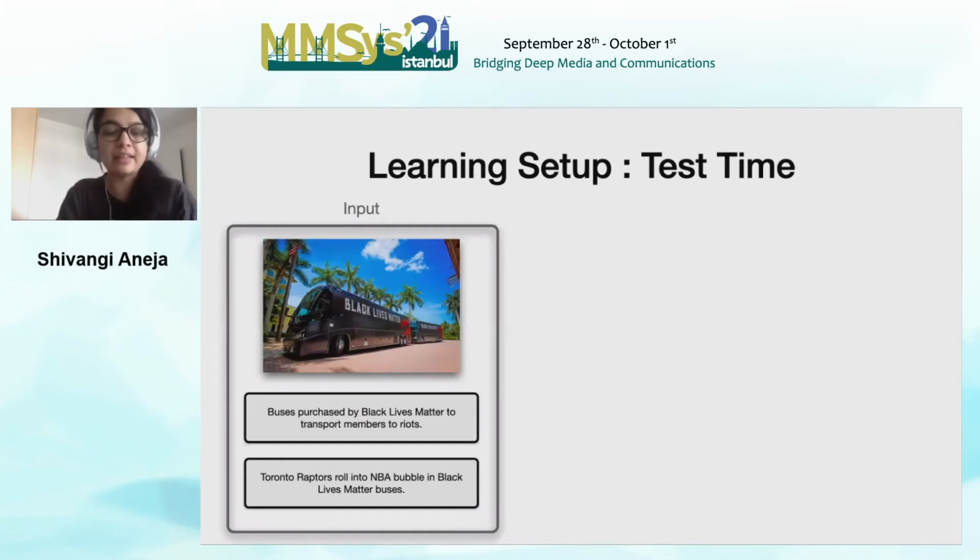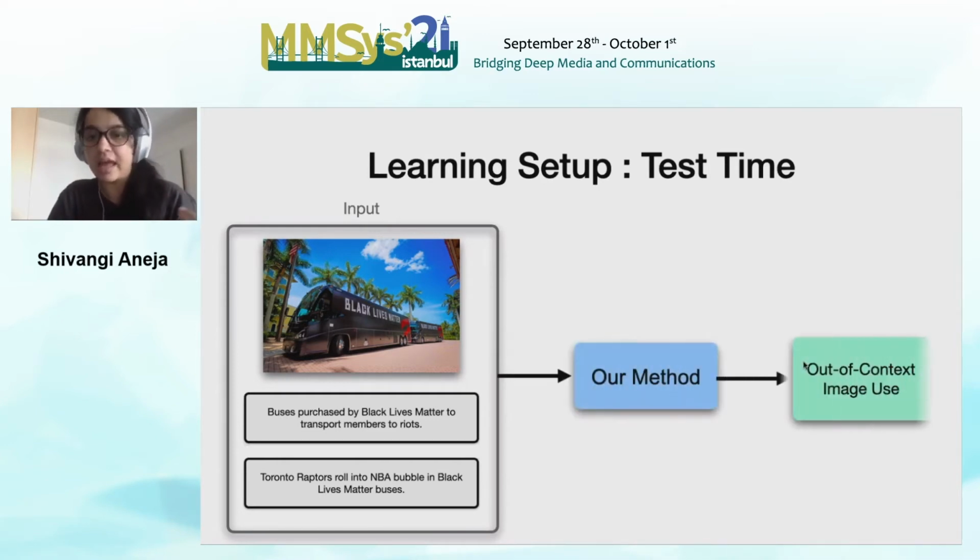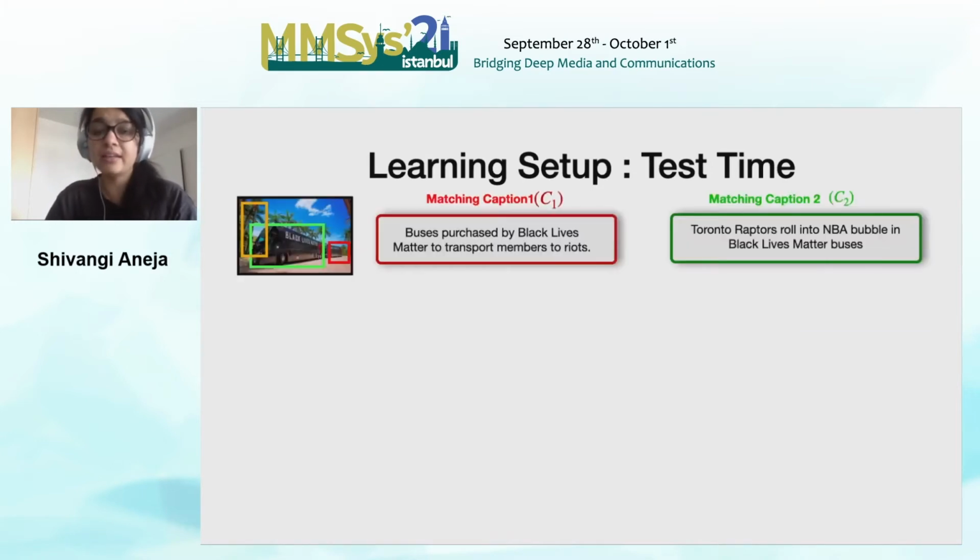Once we had trained our model to generate the grounding scores, we take an image and two of its associated captions, pass them through our method, and that gives us a binary classification label, whether it's out of context or not. Precisely, at test time, we take an image, detect all the objects in the image, and take both the associated captions with this image.